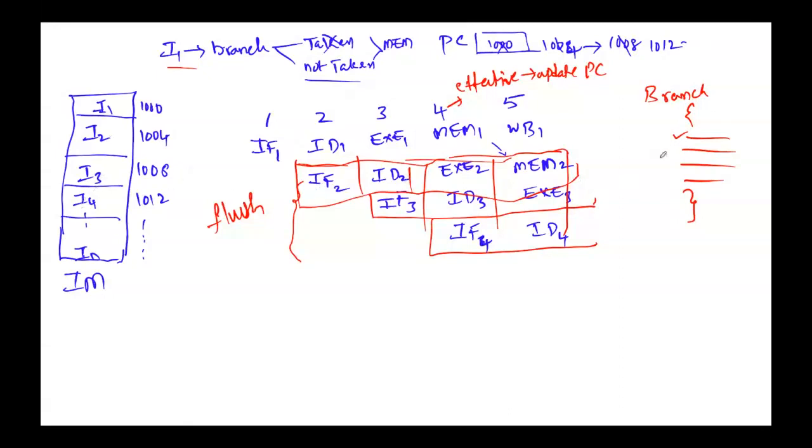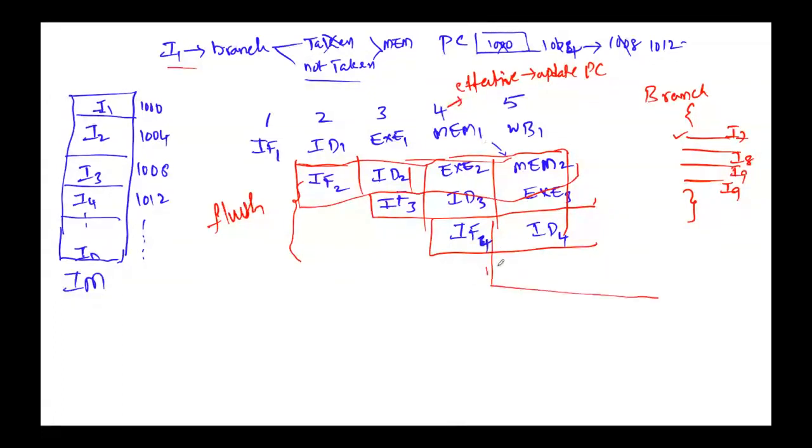Suppose I7, I8, I9, I10 are the branch instructions, then instructions 2, 3, and 4 will be flushed, and it is going to start executing the next instruction after this memory stage.